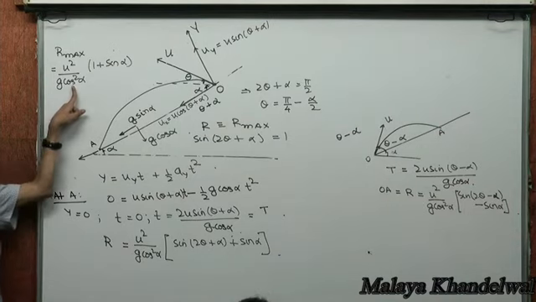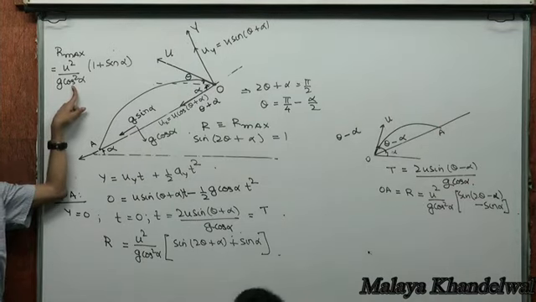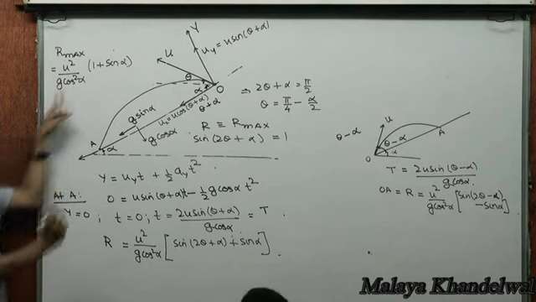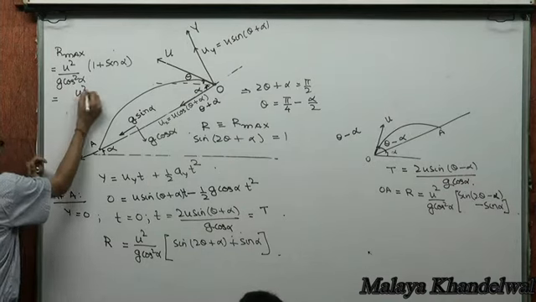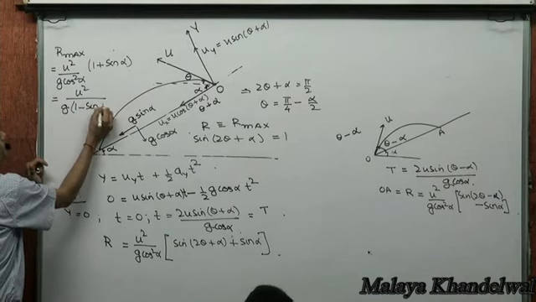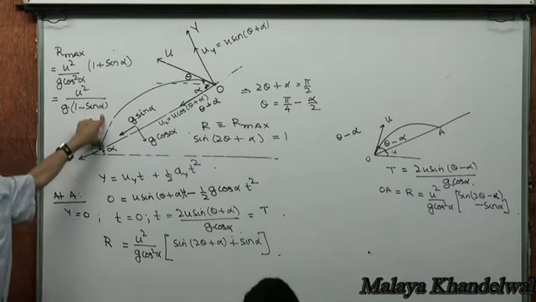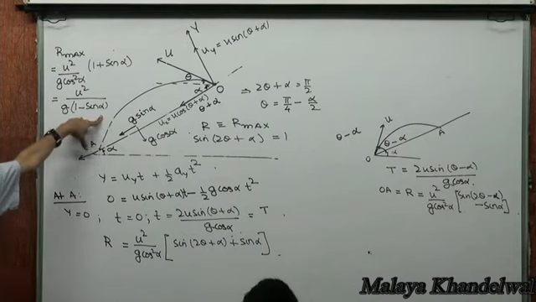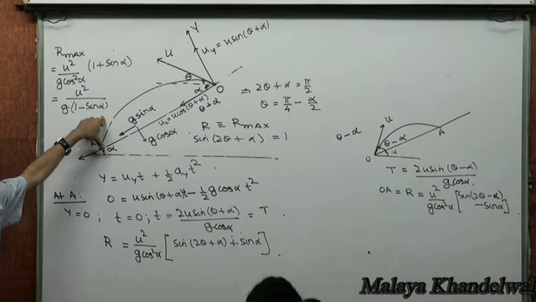And this cos square alpha I can write as 1 plus sine alpha into 1 minus sine alpha. So this becomes u squared by g into 1 minus sine alpha, which again is obtained on replacing alpha by minus alpha in the previous result. You didn't have to reinvent the wheel.